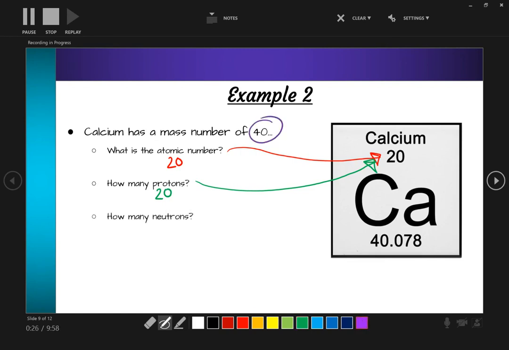Remember, you're going to take your mass number minus the number of protons, and you get your number of neutrons. And how many electrons? Your electrons are equal to your protons. So you also have 20.